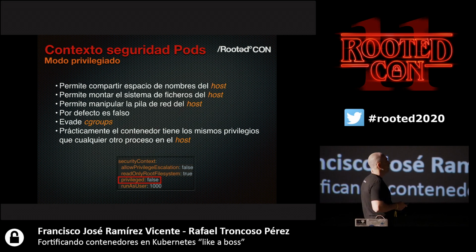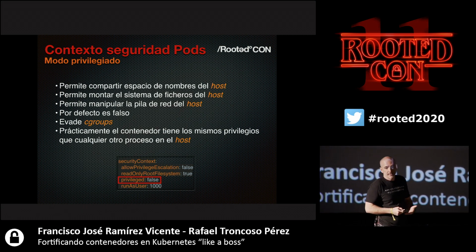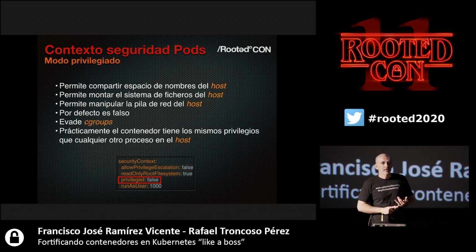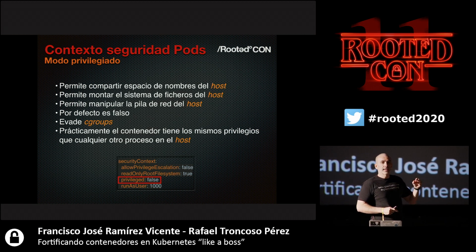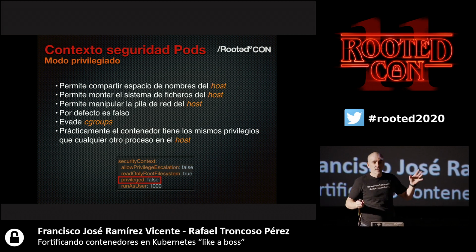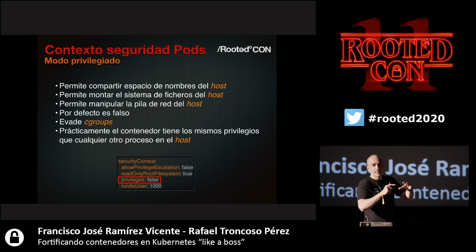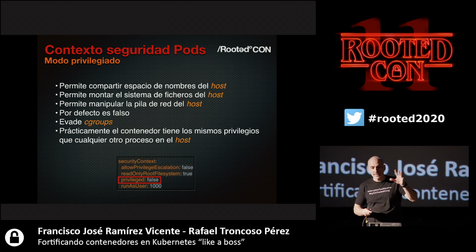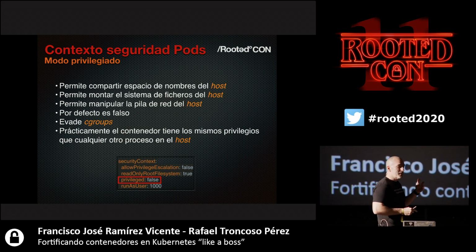So the first thing we'll see is the privilege mode. Basically, privilege mode allows you, when you're running a container, that container are Linux processes, basically, that are restricted because they have the namespace restriction and the seccomp, which are Linux features.